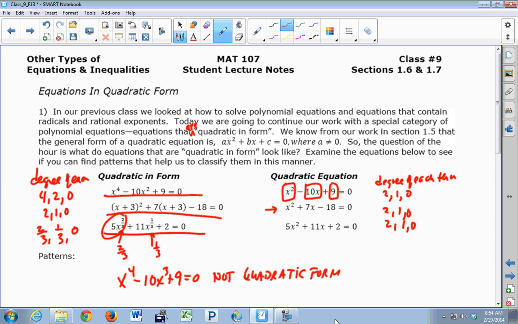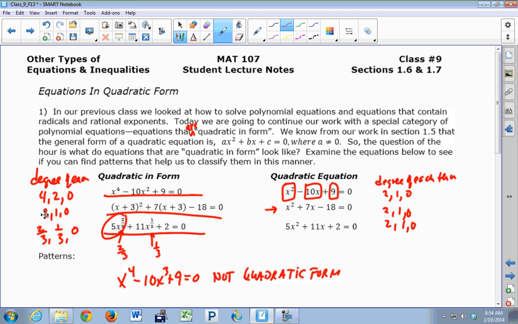Notice, in a quadratic, the degree of your middle term, 1, is half of the highest degree. 1 is half of 2. Or 2 is twice the degree of the middle term, however you want to look at it. Look at this. It has the same relationship. If I double 2, 1, 0, what do I get? 4, 2, 0. This is exactly the same already.